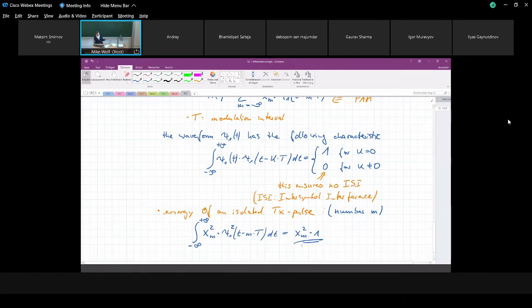So our pulses which are modulated in the amplitude have an energy of 1. So basically this x_m contains the energy. This is not unitless, it has an energy.